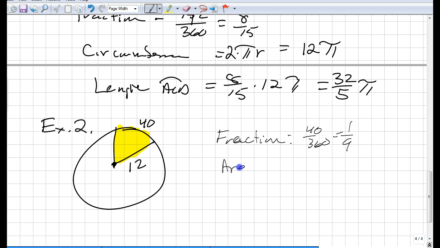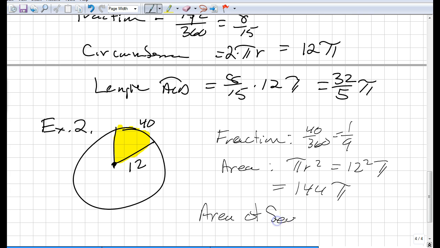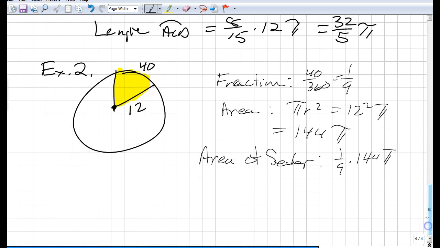We need the area of the whole circle. So the area of the whole circle is pi r squared, so 12 squared pi, or 144 pi. And so the area of the sector is going to be the fraction times the area. And if you reduce that, we get 16 pi units squared for our area.